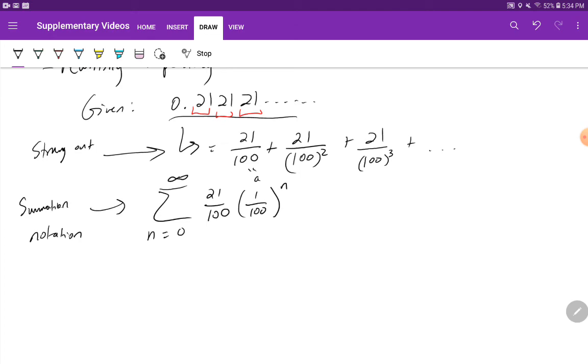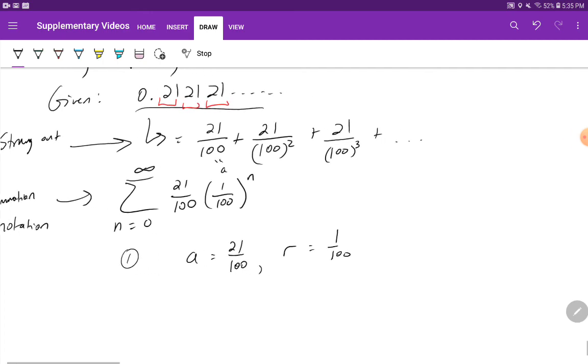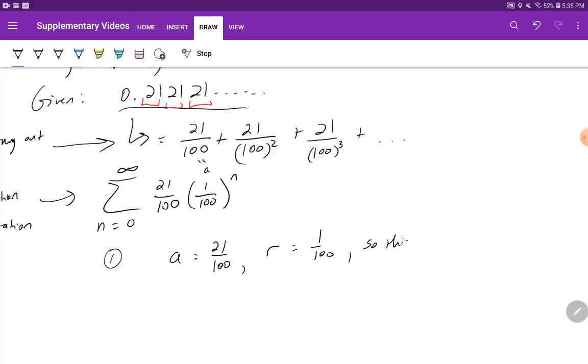Whichever form you prefer, whatever you need to do to identify A and R. But we kind of identified it a lot, right? A is 21 over 100. R is 1 over 100. So this is geometric.